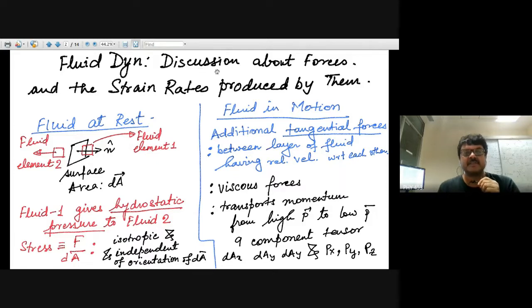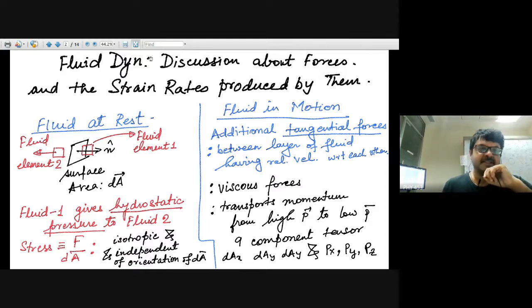So fluid dynamics is basically a discussion about forces acting on a fluid element and the strain rates produced by them. Forces produce strains, and forces are also written in terms of strain rates, with proportionality constants, as we shall see. Okay, so that's the initial background.